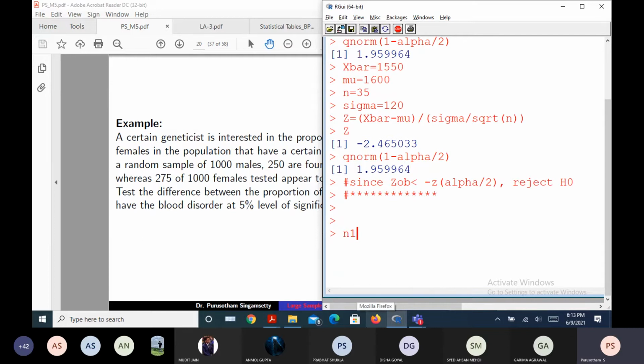So what information is available? n1 is 1,000 males, n2, the second sample size, is 1,000. Are the sizes of the samples large enough? Yes, sir.